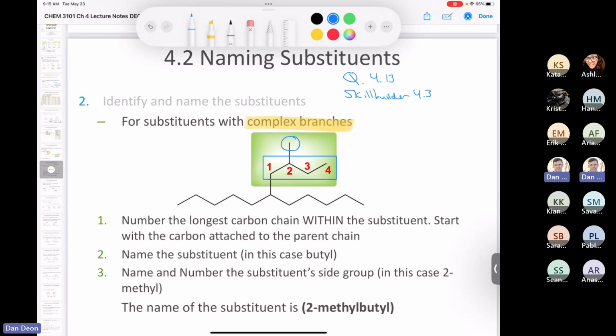So we have a 2-methyl on the butyl group. So right, this is a methyl. So we'd call it 2-methyl-butyl. And then you put the whole thing inside brackets. I'll be honest, this whole complex substituents or complex branches, it might be worth the value of one multiple choice question on a quiz, okay? That's about it.